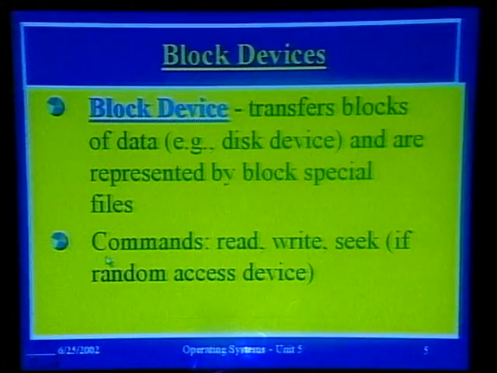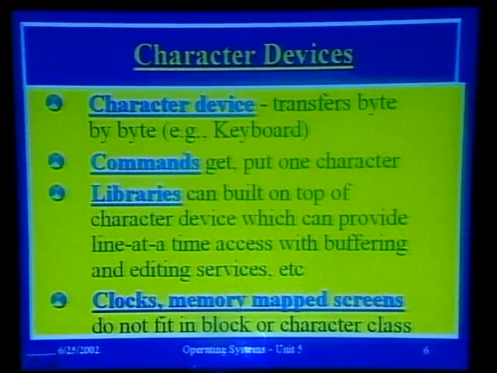And the commands we use to manage the devices are read, write, seek, if the device is a random access device. Character devices transfer byte by byte; as we learned, the keyboard is a character device. And the commands which we use for character devices are get and put, one character at a time.